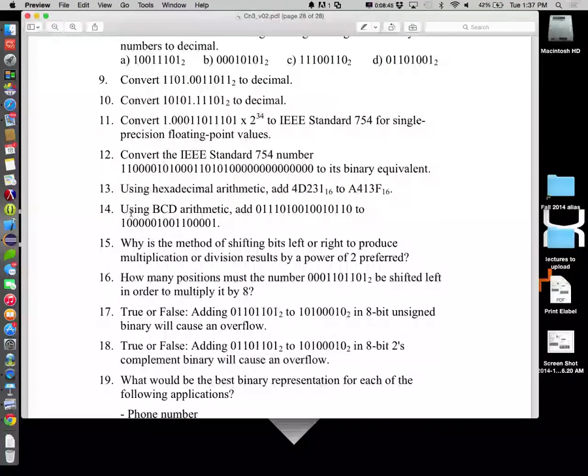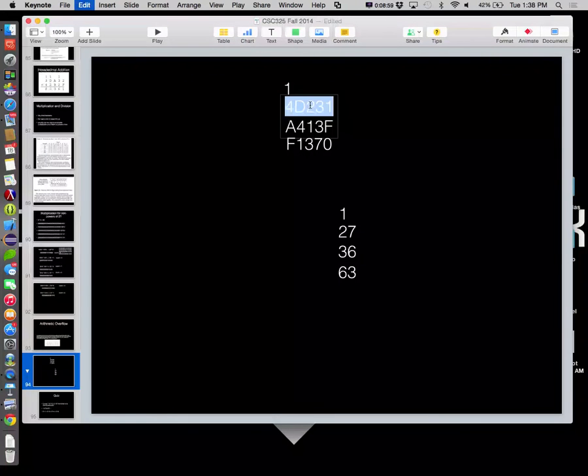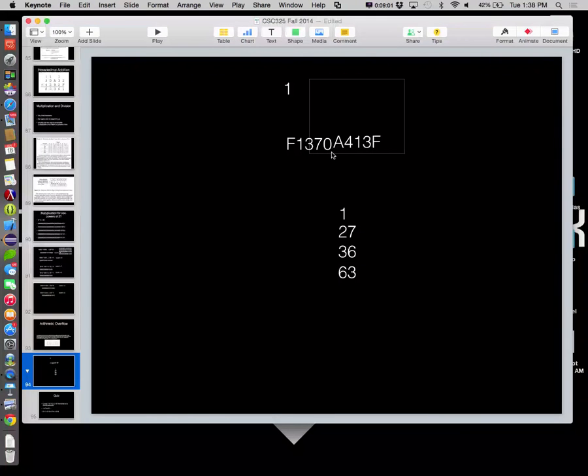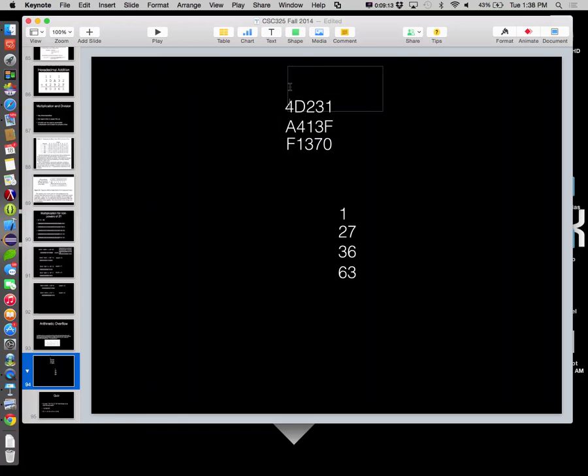Okay, 14. Using BCD arithmetic, add this number. Can I copy from this? Didn't like that. Didn't we do this last time and it worked? Well, I know, but I thought once I had a... Oh, maybe it doesn't like having that... do it here.